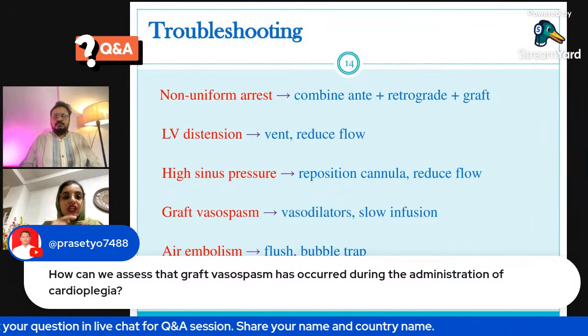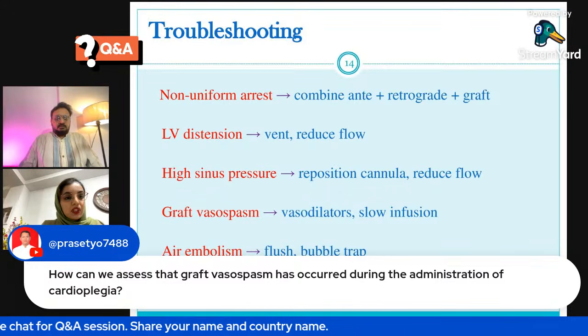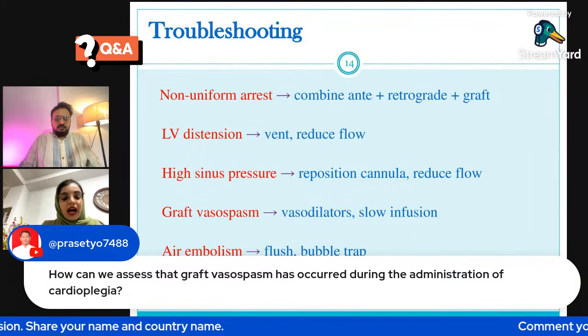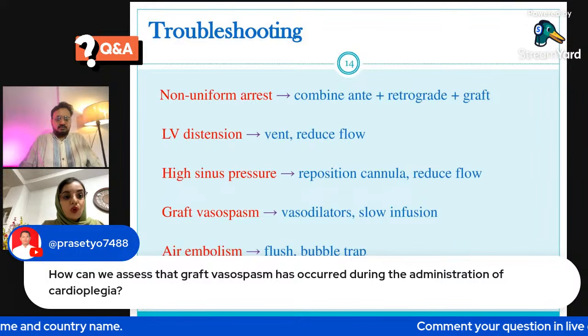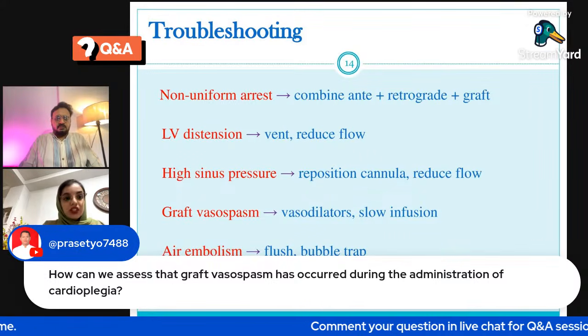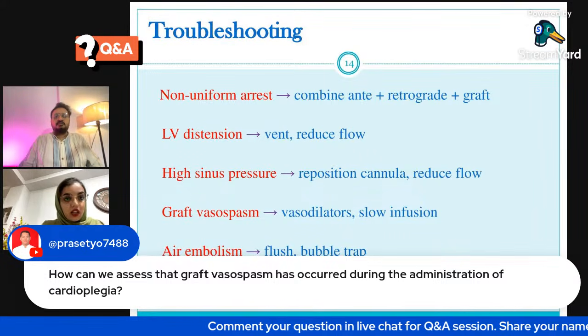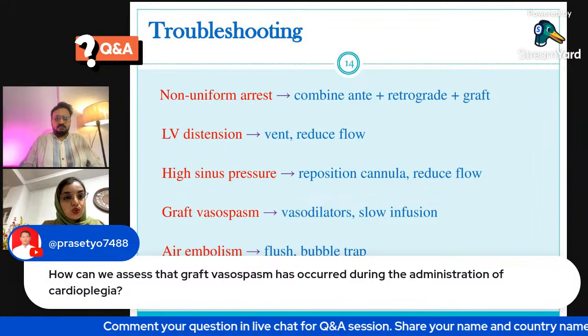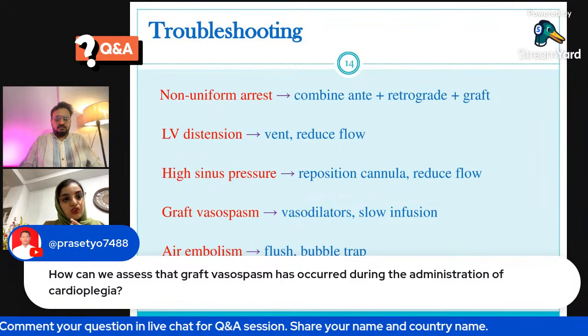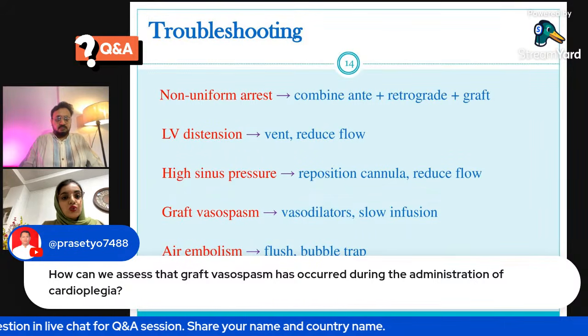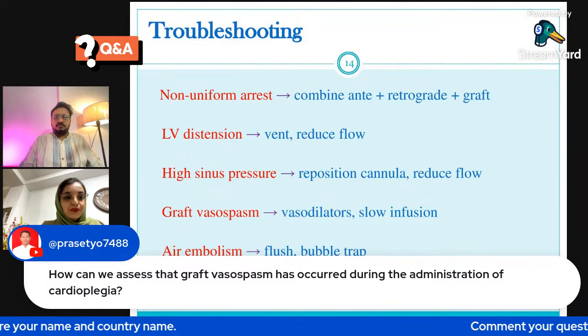So you should check the cannula. Maybe there is malposition, and look at the EKG waveform to see if it is flattened or low amplitude. You should check the cannula, reposition it, and adjust the flow and pressure.